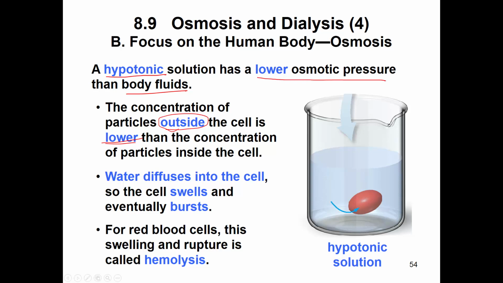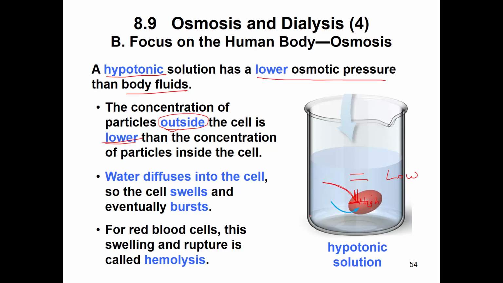If you have a low concentration outside and a higher inside, water is going to flow from low to high to try to dilute that. So water will keep on flowing into that red blood cell until it has equal concentration with the outside.